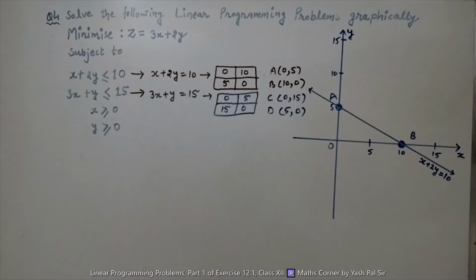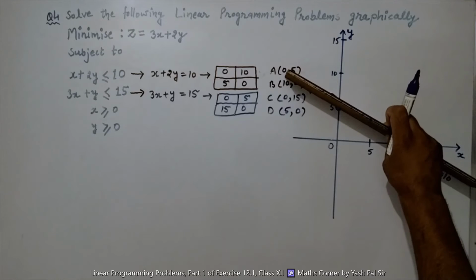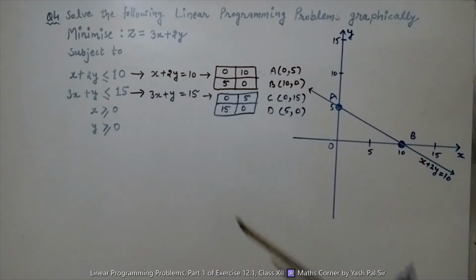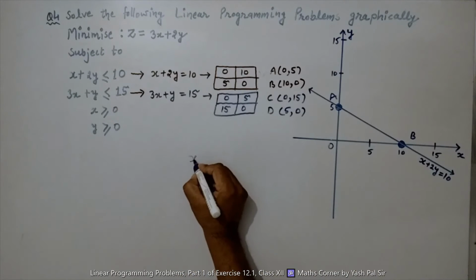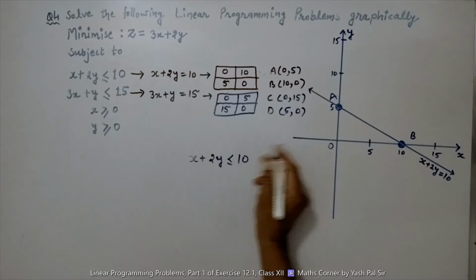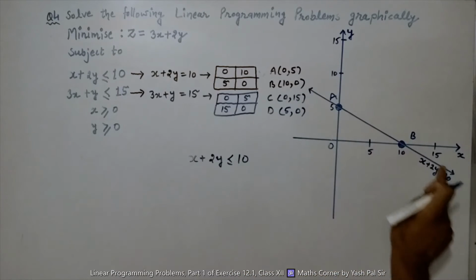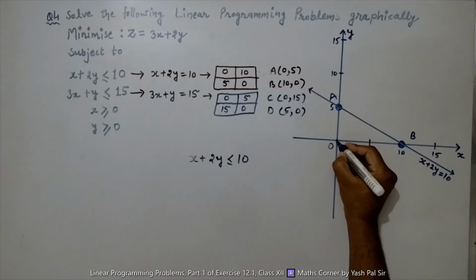Now we have to shade to one side of this line, either upward or downward. Which side should we shade? So writing the inequality for this line, it is x plus 2y less than or equal to 10. Now we take any point.